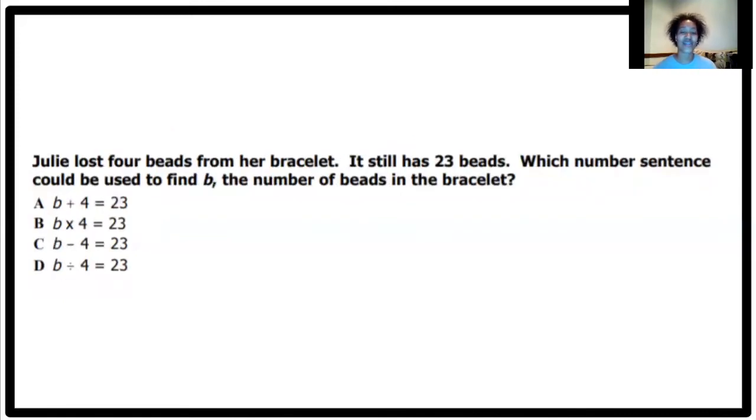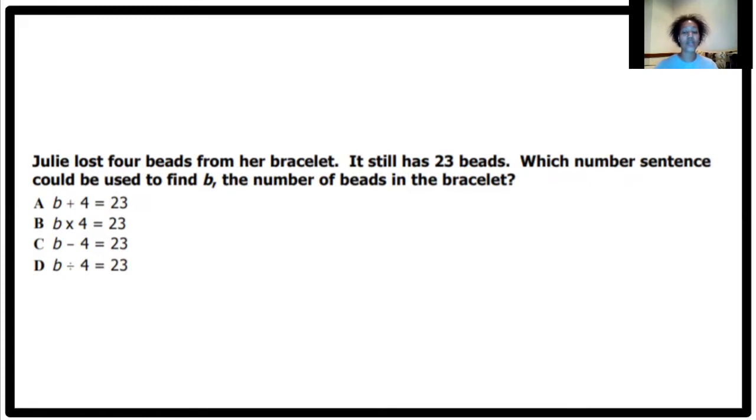Let's look at another example. Here's our second example. Julie lost 4 beads from her bracelet. It still has 23 beads. Which number sentence could be used to find B, the number of beads in the bracelet? We start off with Julie lost 4 of her beads. Well, let's think of an operation. If you lost something, you took away.